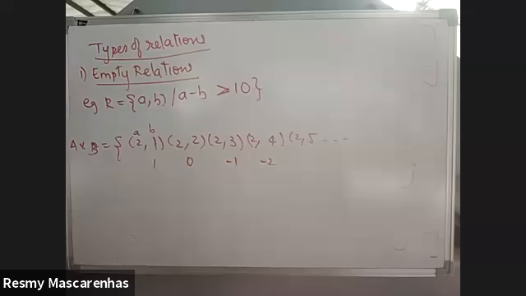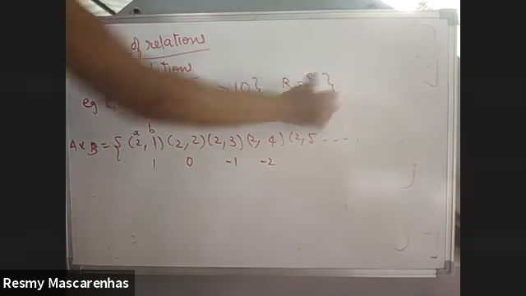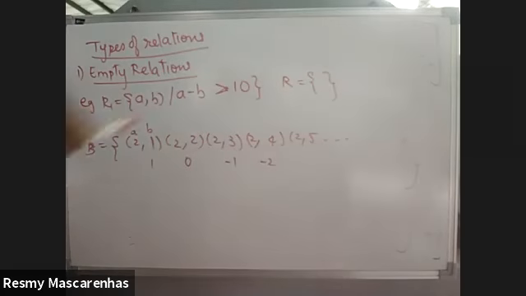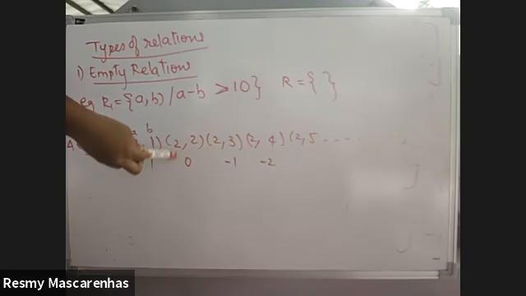No. There will be no answer which is greater than 10. So what will it be? Empty, because you don't have any pair which is satisfying this condition. So this type of relation, which is not satisfying this condition in the Cartesian product, is called an empty relation.